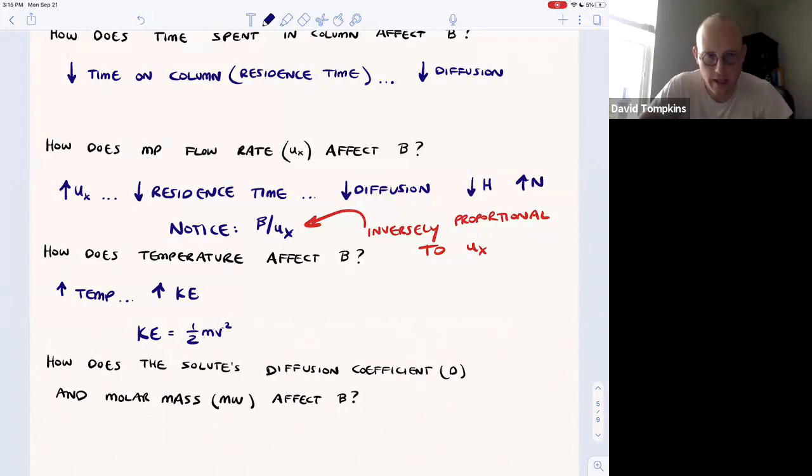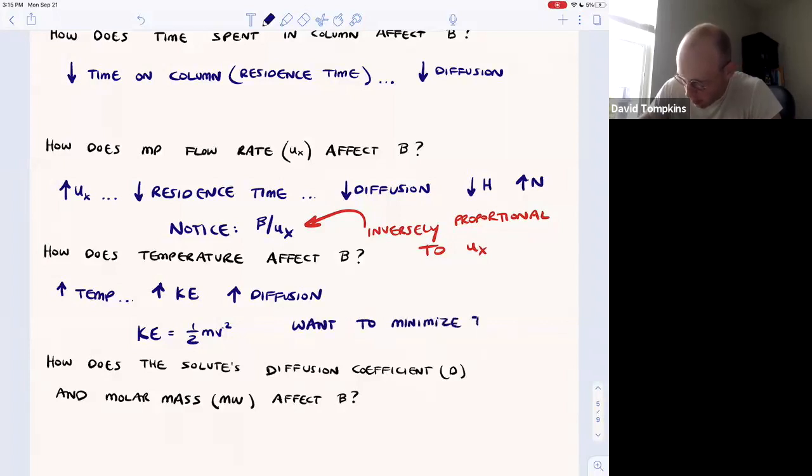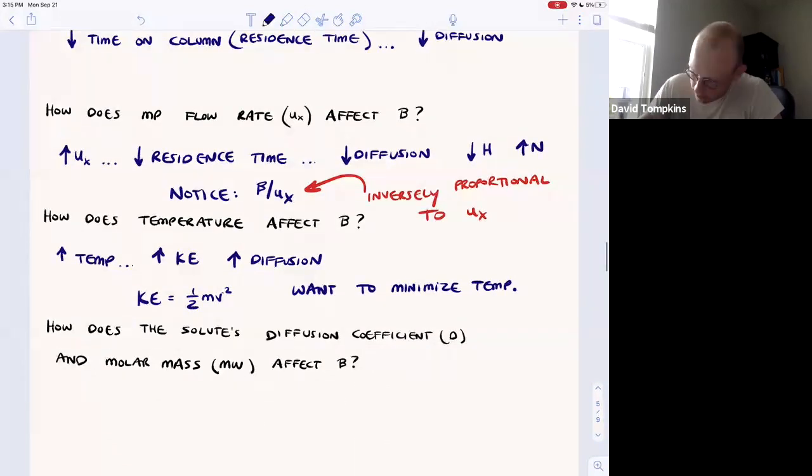So at higher kinetic energy, we have higher velocity, and therefore compounds are moving around at higher diffusional rates. So we always want to minimize diffusion, or minimize the B term, and operate that experiment at a lower temperature. Because of this, the B term is most problematic in gas chromatography.